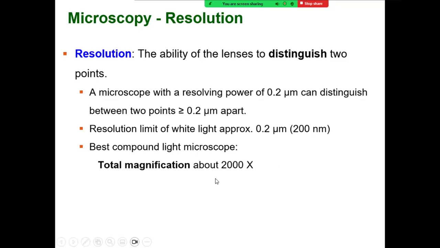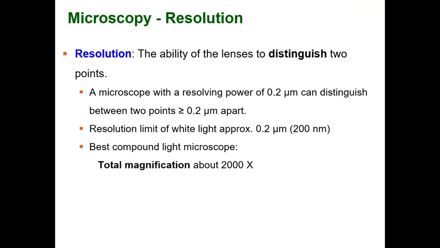So if we were to ever make a microscope which had higher total magnification than 2,000 times, it would be empty magnification because it would be trying to magnify something smaller than 0.2 micrometers, and the limit to white light is 0.2 micrometers, meaning you cannot magnify an object and separate it from another object by anything better than 0.2 micrometers apart.